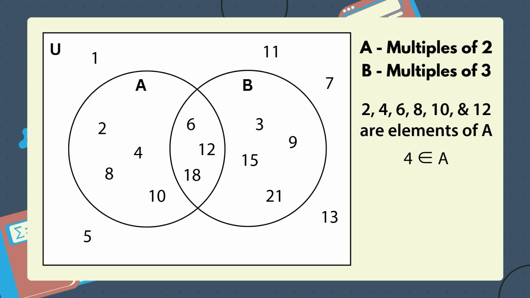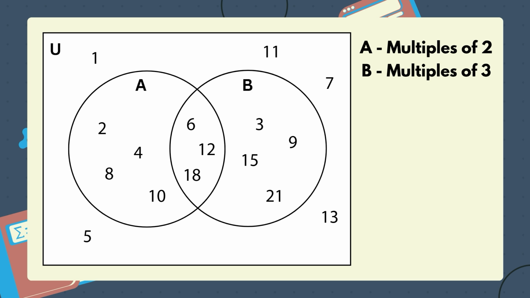The notation below reads 4 is an element of A. The next reads 3 is an element of B. We can also say that 3 is an element of U, remembering that everything in the rectangle belongs to the universal set. The rounded E symbol is our notation for is an element of.